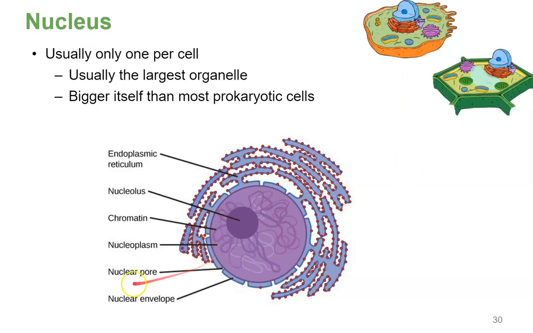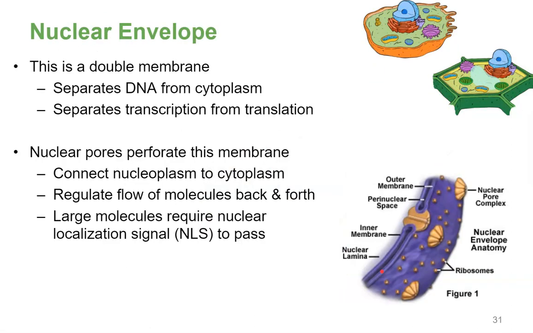The nucleus has nuclear pores, which allow RNA to exit. The nuclear envelope is usually connected to the endoplasmic reticulum, which is here and is located around the exterior there in those two images.